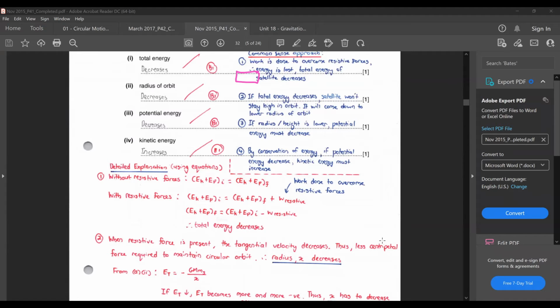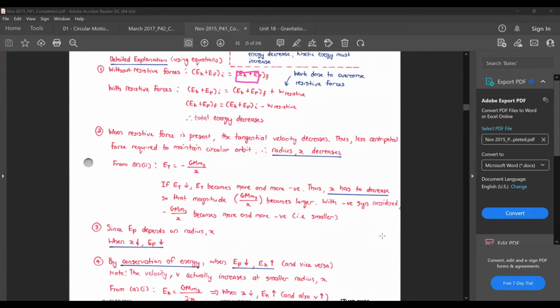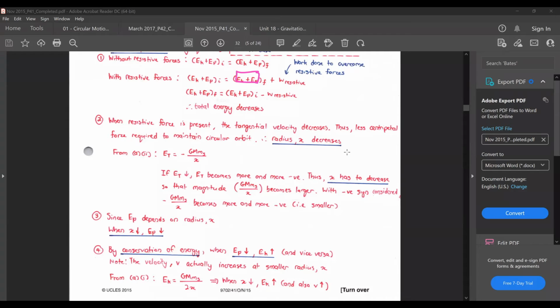Conservation of energy, I mean, you get conservation of energy that if GPE drops, KE must increase. That is, again, common sense. But okay, yes, total energy drops. Total energy of the satellite drops.